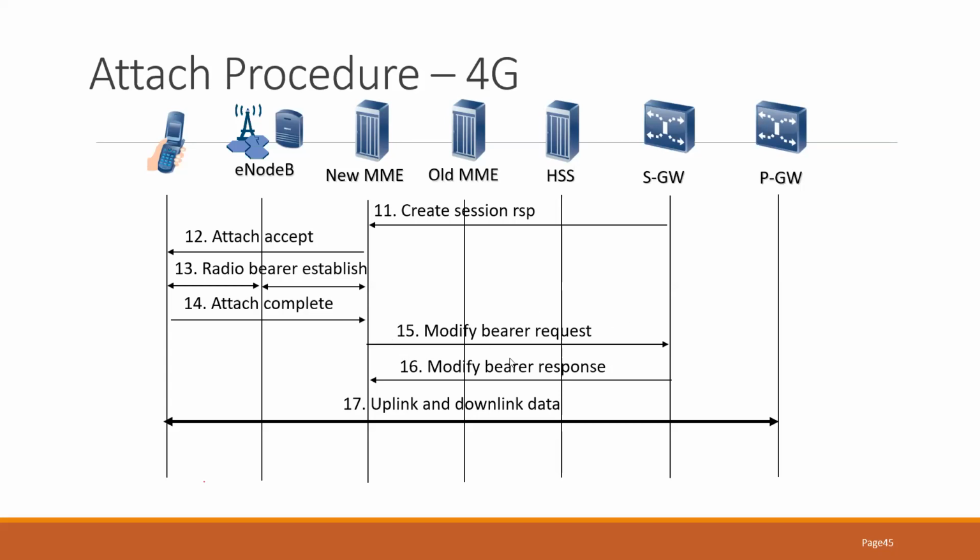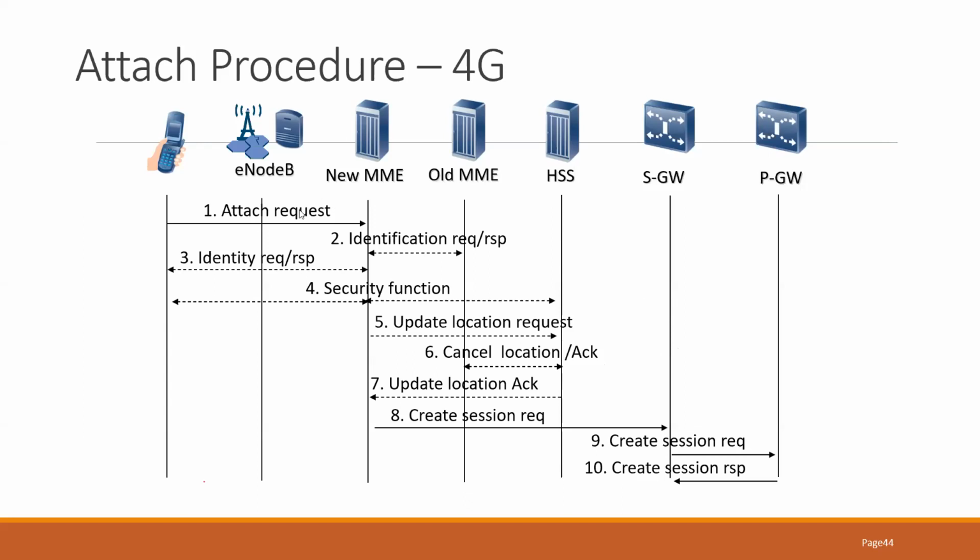Based on your attach complete message, then you have a modify bearer request. This modify bearer request is to intimate to the SGW the IP address and the eNode B ID, because as I told you, there is a concept of DT, direct tunneling, that was introduced in 3G, and in 4G we already understood that MME is just involved for signaling. For user plane communication, it's always SGW that is communicating with eNode B. But in all of this flow, you will see that nowhere is eNode B communicating with SGW.